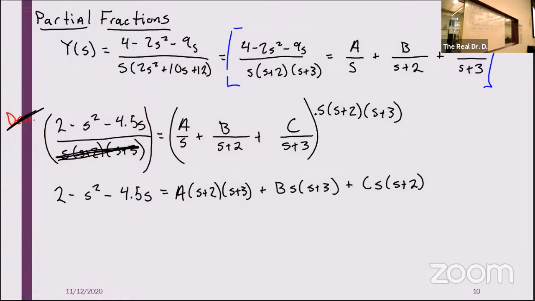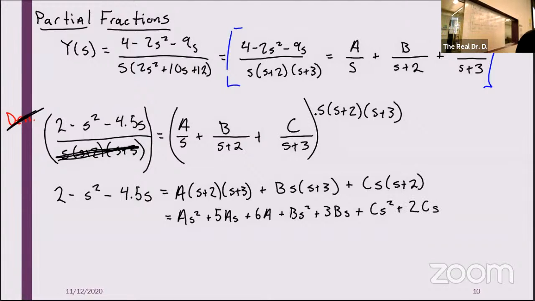Well, first, I'm going to do a little more algebra. I'm going to expand all of my terms. I'm just expanding all of my terms, and there's a distinct reason why I want to do this.